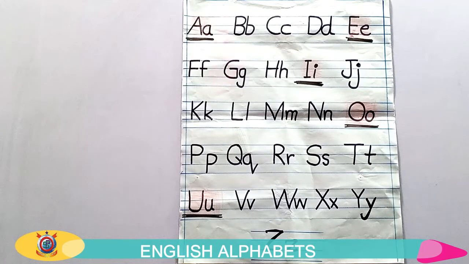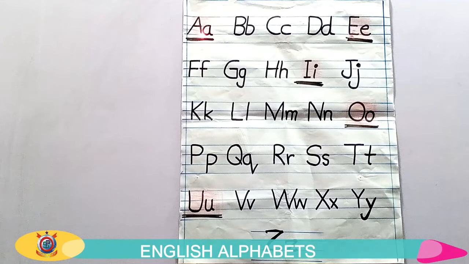First tell me why I underline these words. Because they are vowels. A, E, I, O, U. These letters are vowels. A, E, I, O, U.